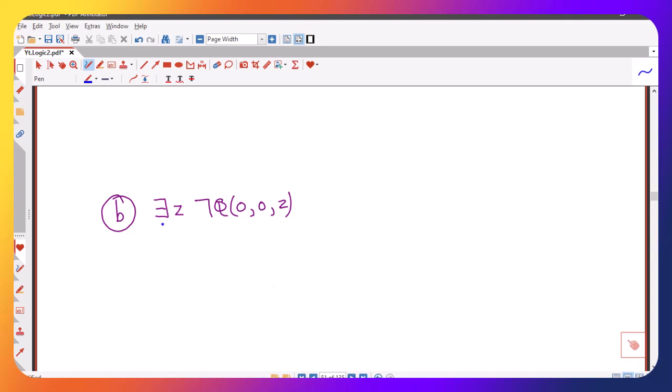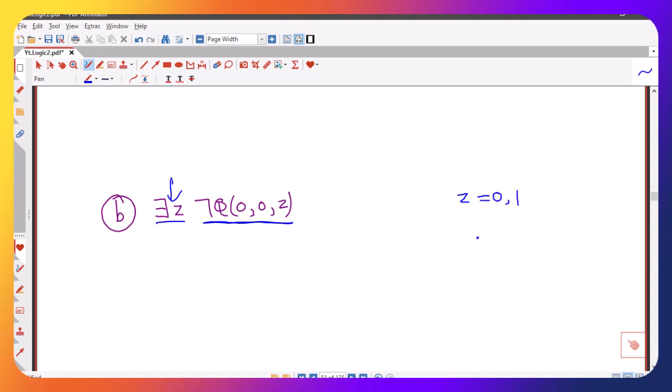The second statement is there exists z such that this statement is true, that is negation of q 0, 0, z. So now this is true for at least one value of z, and in the domain the possible values of z are 2.